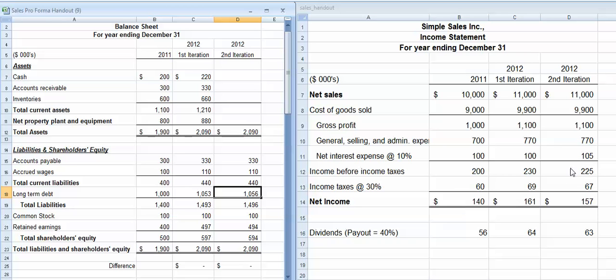We could go through a third iteration and get a little bit closer, but you can see the process. As we increase debt, interest expense goes up. As interest expense goes up, net income and retained earnings go down, and so our debt will also go up. There is a link between our income statement and balance sheet through both retained earnings and through long-term debt and our interest expense.